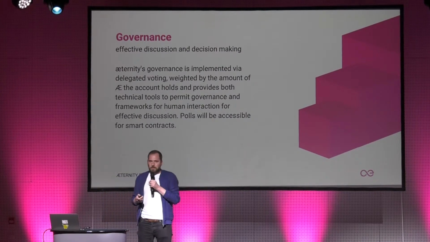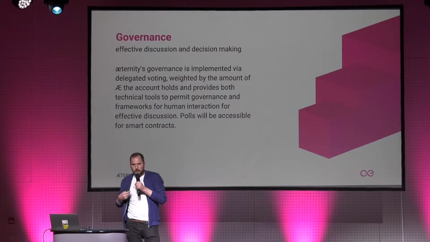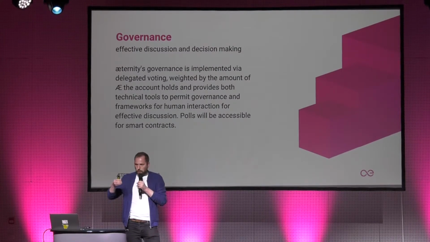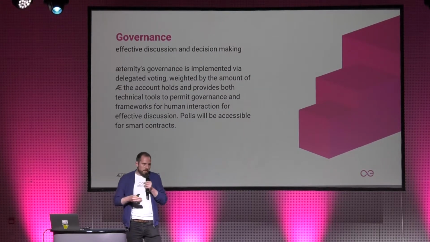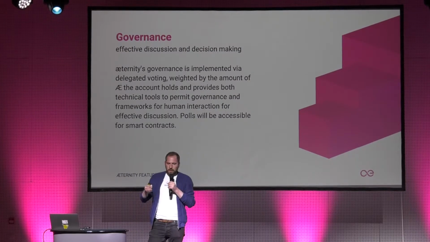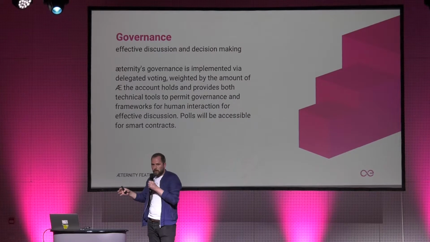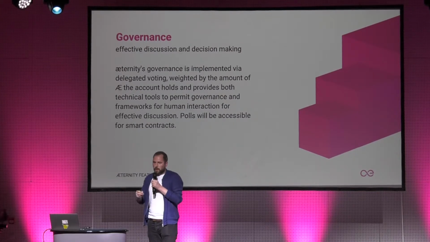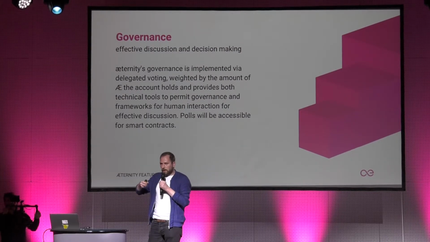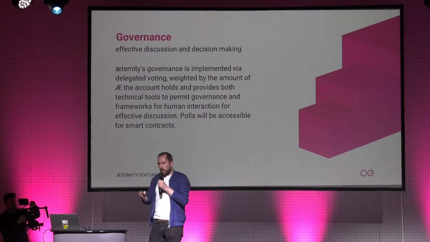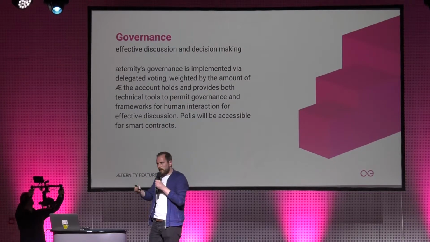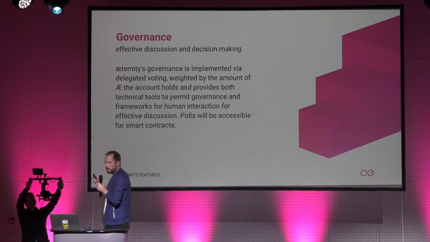You might not trust yourself on a topic, or you might not have the expertise, so you want to delegate your votes to another natural person that you know, but it might also be that a lot of your funds are secured by an offline signing solution or in a kind of vault that you cannot access all the time, and you don't want to vote with the address where the funds lie around, so you can delegate your votes to another address for your daily use and vote with that one.